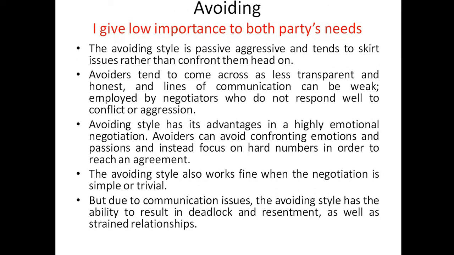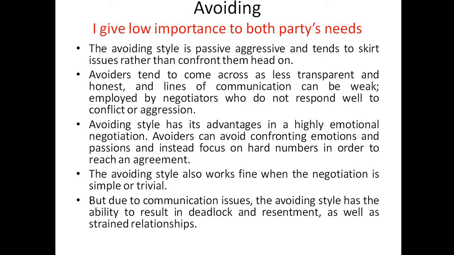The second way of negotiating is avoiding, where I give no importance to my needs and I think your needs are also not at all important. This style is passive aggressive and tends to skirt issues rather than confront them head on. So I'm not interested in meeting you face to face and coming to a resolution. Like, I would like to avoid.